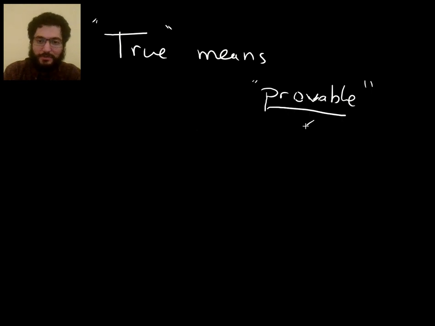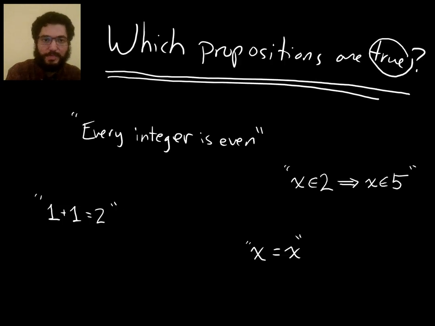And now you have to ask me, what does provable mean? Well, a proposition is provable if it has a proof. So we need to say, what is a proof? If we can describe what is a proof, then we will be able to answer this question, or address this question, which propositions are true.